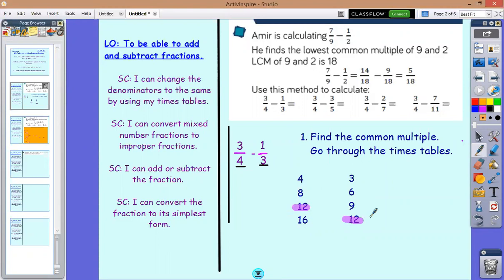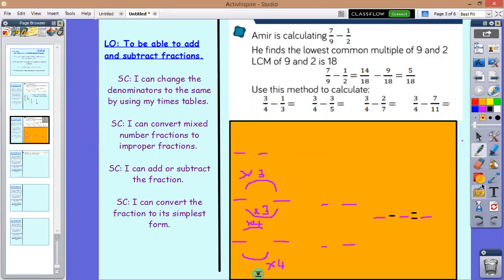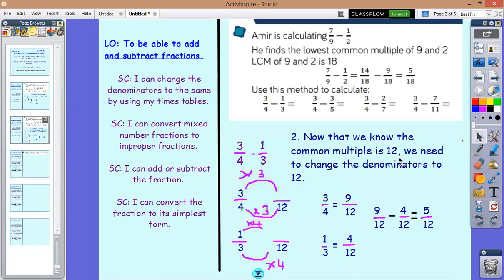But I need to work out how to change it. So for 4 to get to 12, I need to multiply this fraction by 3. And then to get from a third to 12, I need to multiply by 4. So if I go through over here what I did: 3/4, I've times it by 3, as I said I would.